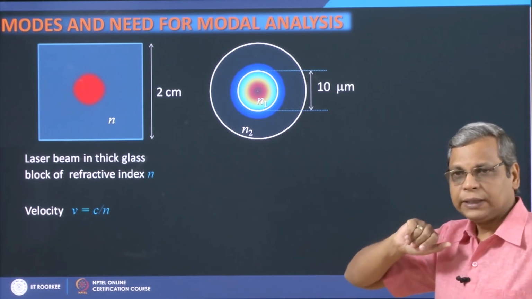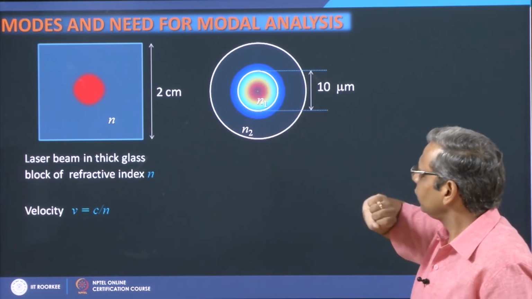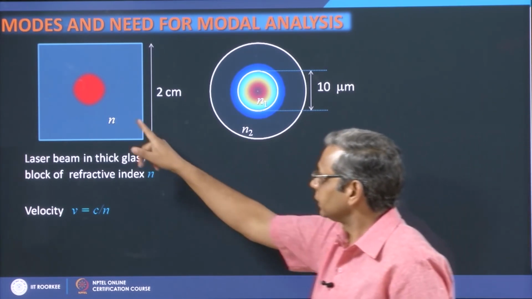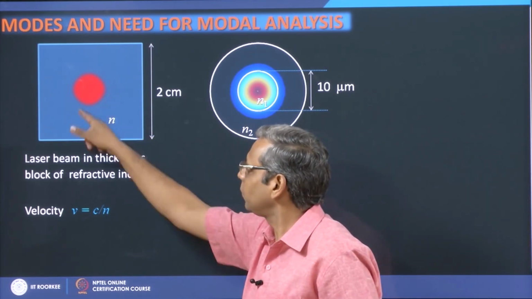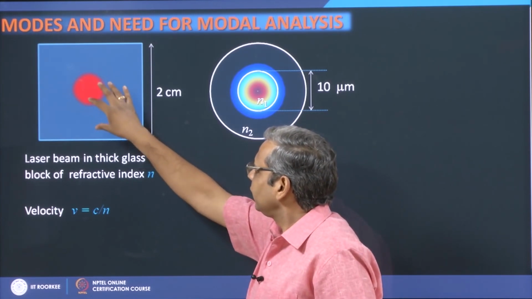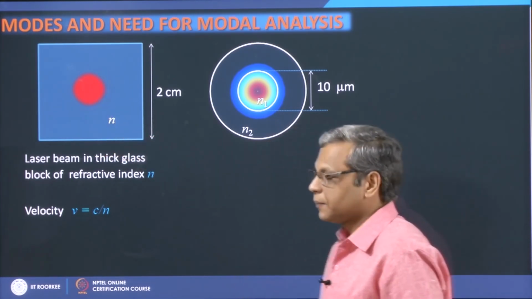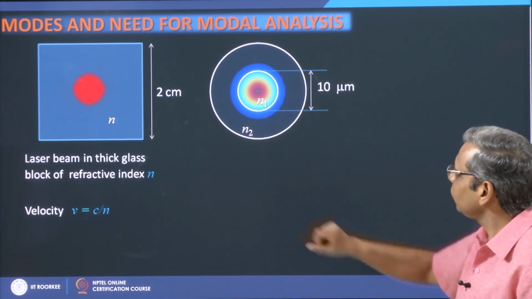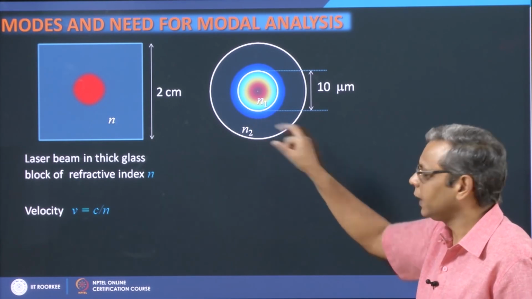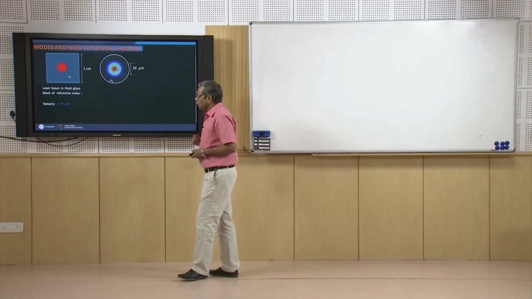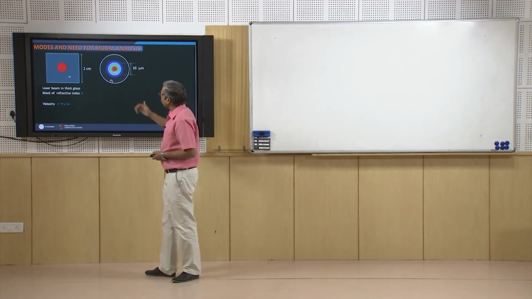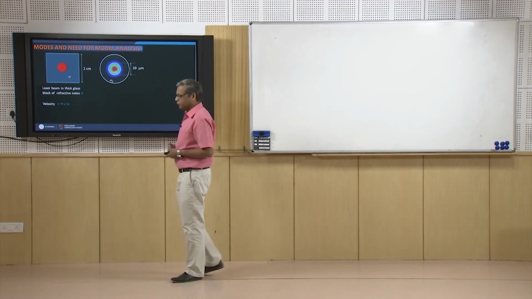So there is some proportion of power in the core and some proportion of power in the cladding, unlike in this case where the whole spot is in the refractive index region n, but here it is distributed in the regions of refractive indices n1 and n2. So, what would be the velocity? What would be the effective refractive index it would see?